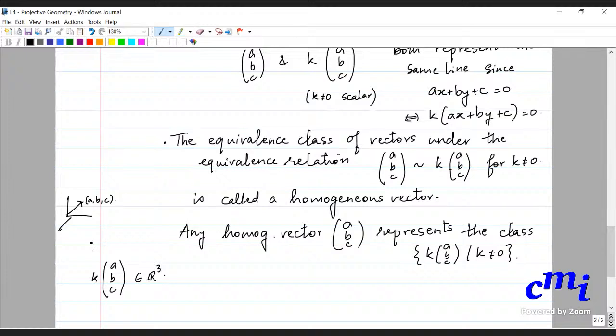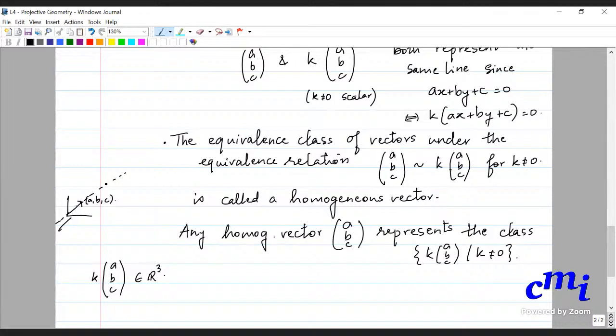On the same vector abc, just a scaled version of it. Look at the line on which the vector abc lies. Then all these points k times abc lie on this line. This equivalence class is nothing but the set of all the points lying on this line in R3.